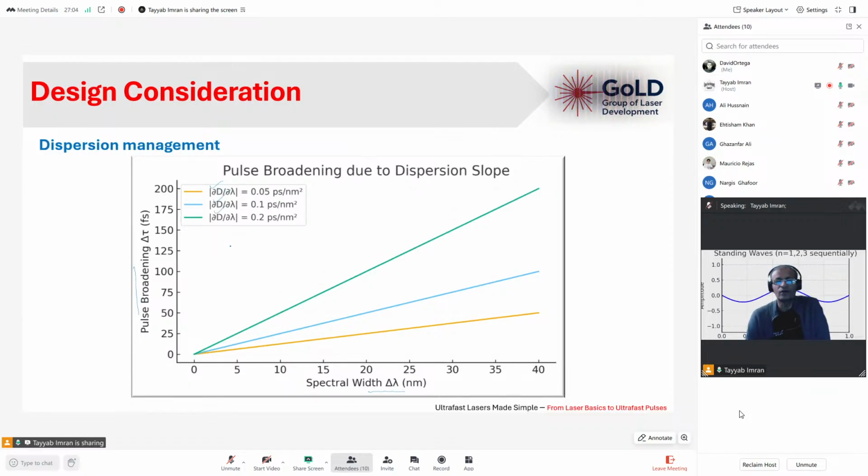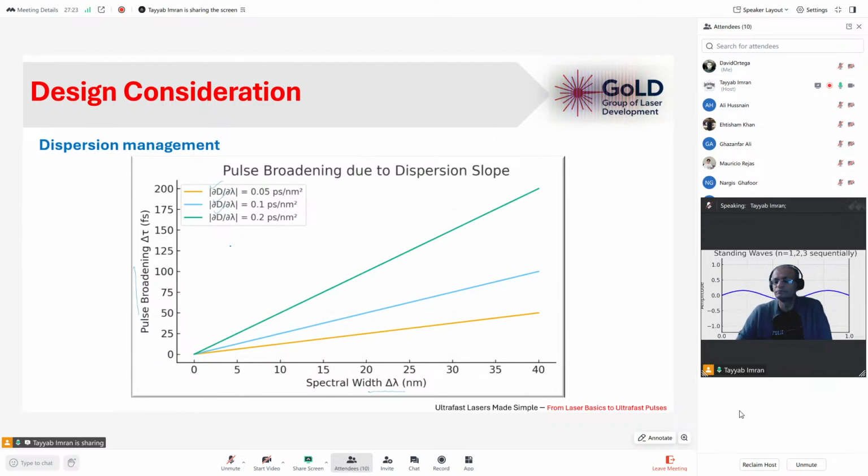So obviously in all the cases, if you increase the spectral bandwidth, the pulse broadening will also happen. So it means the pulse will get broadened or not.